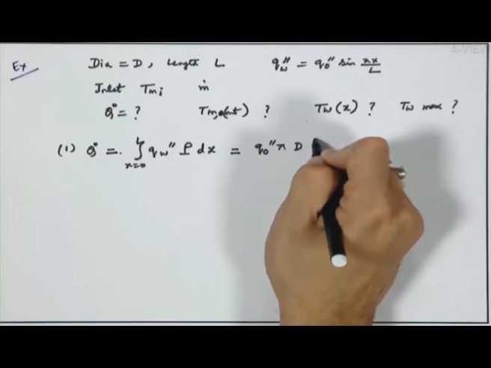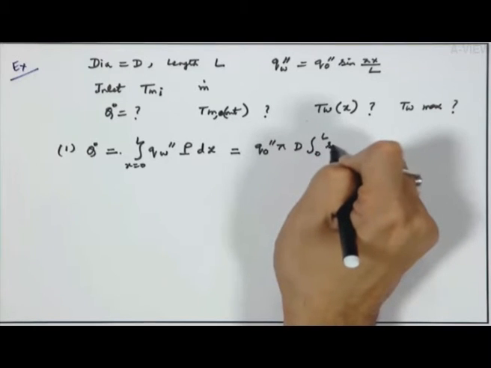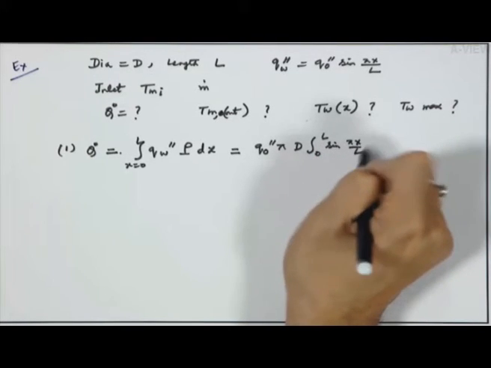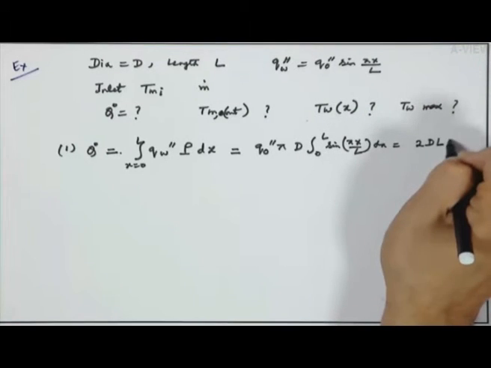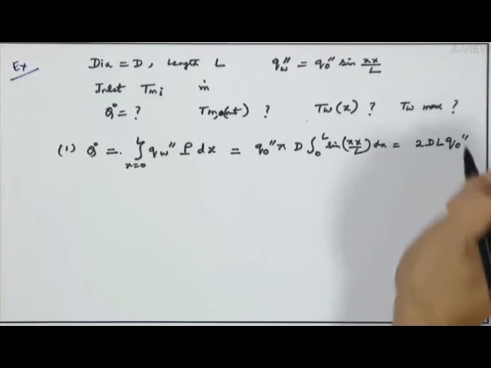So, pi d into the integral from 0 to L of sin pi x by L dx. So, this is 2 dL into q0.